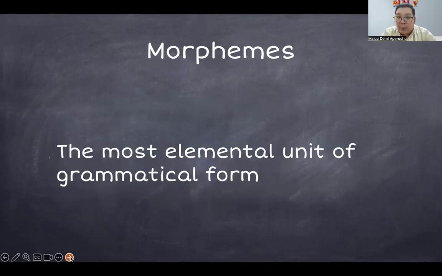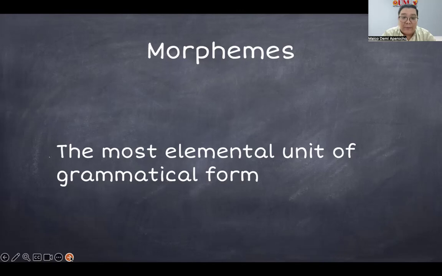When you hear the word morpheme, please take note that it is the most elemental unit of grammatical form. It may or may not be the smallest unit, but it's the most elemental unit of grammatical form in the sense that in the absence of a morpheme, it's going to be difficult for us to form a word.